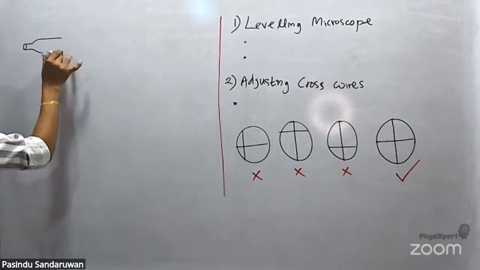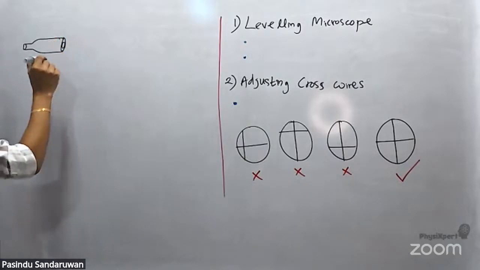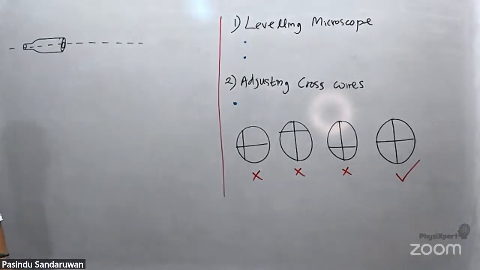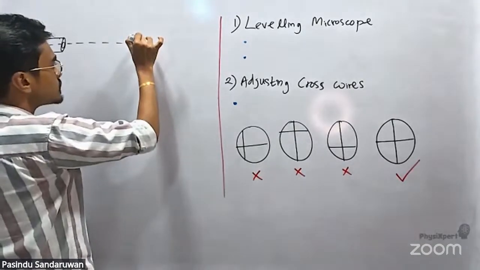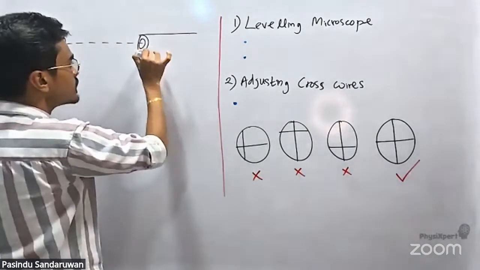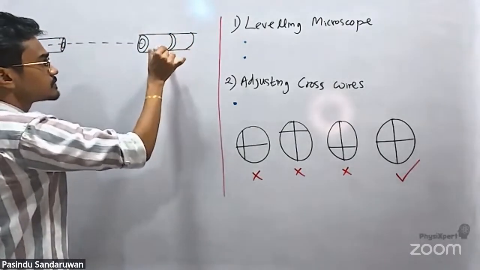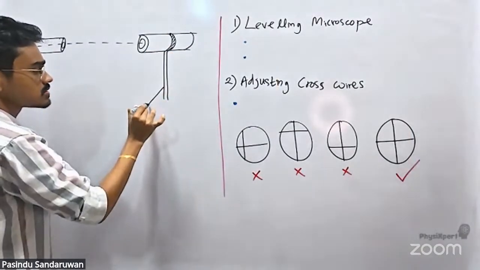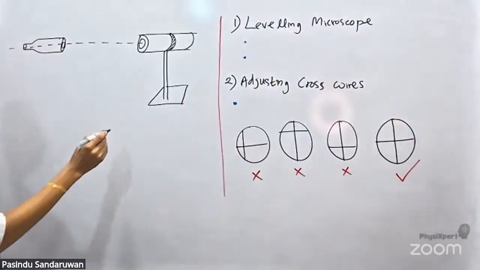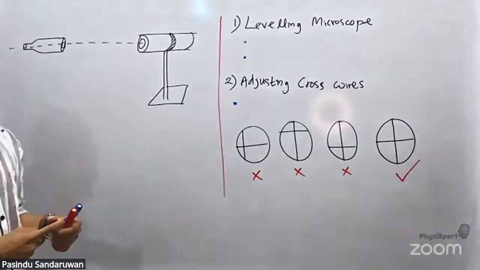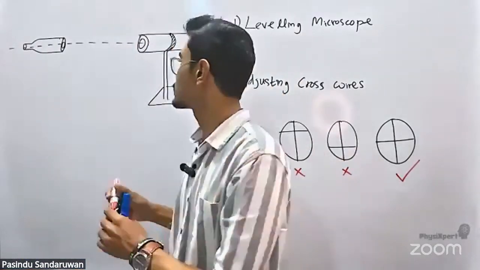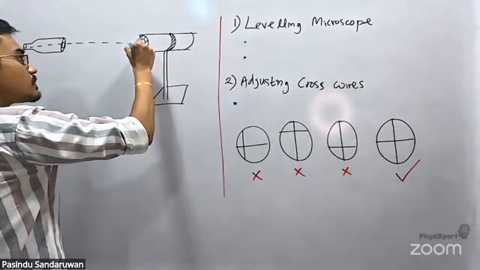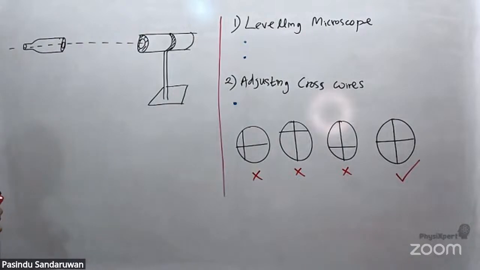This is the microscope part. On the same line, this tube that you are going to measure the radius of should be kept on a stand like this, in front of the instrument. Can you see?